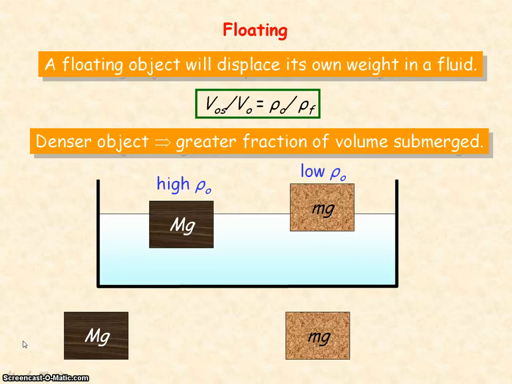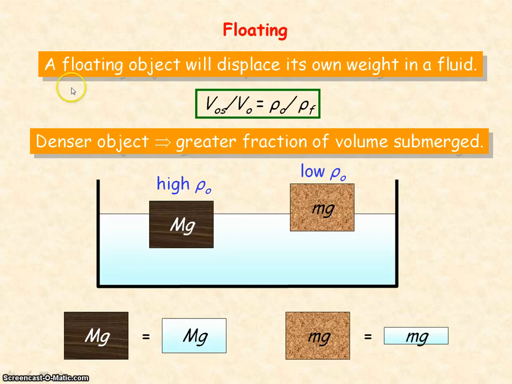So an object with a higher density will have a greater fraction of volume submerged in a fluid, and that's because a floating object will displace its own weight in a fluid, so if it has a greater density, it will have a greater weight, so it will displace a greater volume of fluid.